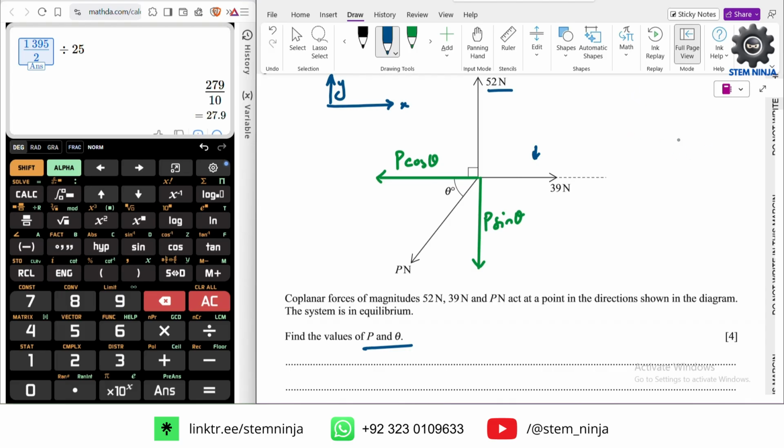Right. Another way we could do this is using the triangle method. So you have 52, let's go to 39 over here, 39, 52, and this is your p.